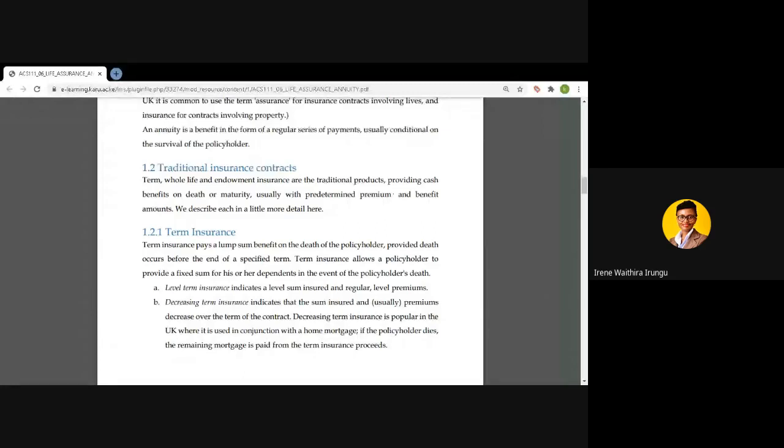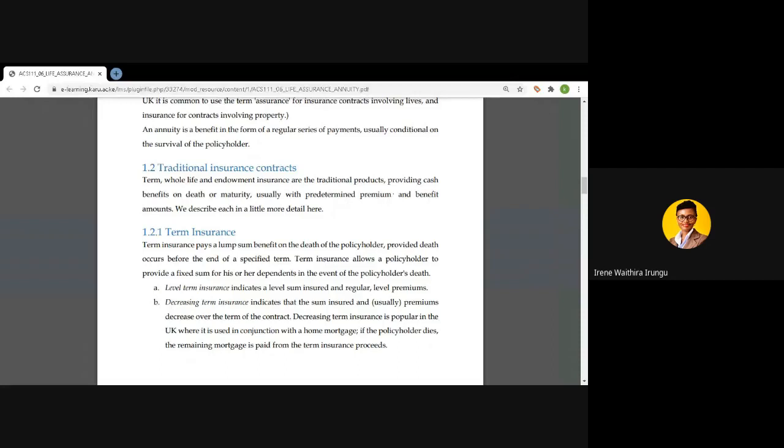So when we speak again of a life insurance contract, we want to look at it this way. It means that the policyholder will continue to be paying premiums. And in this case of level term, we are saying the premiums themselves, the amount of payment of premium, are level, meaning they are constant. So they will pay a constant level amount of premiums throughout the period.